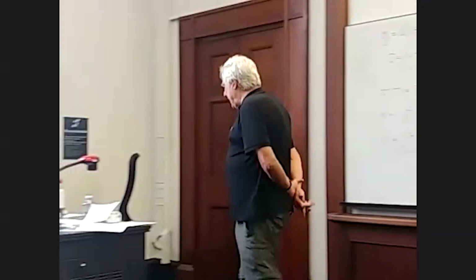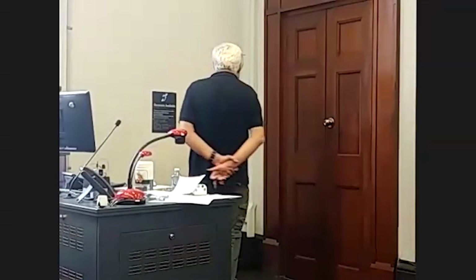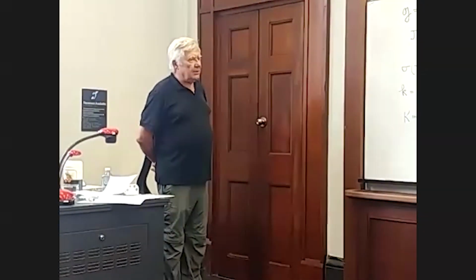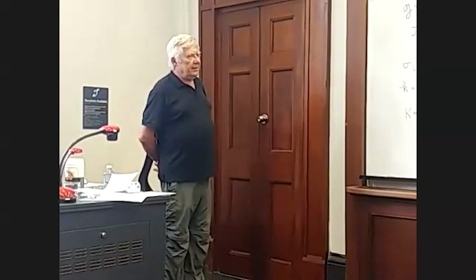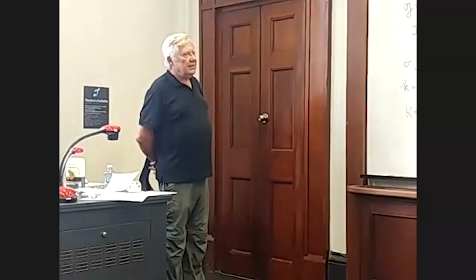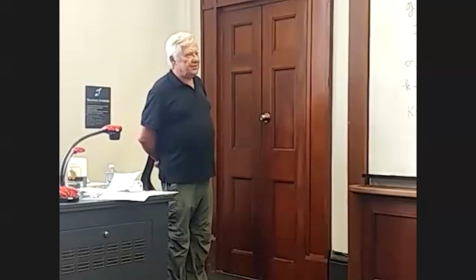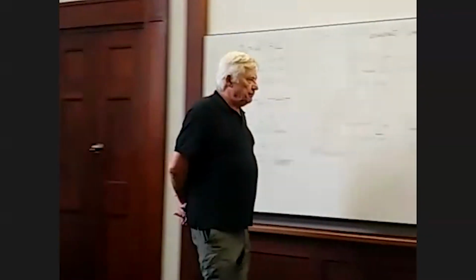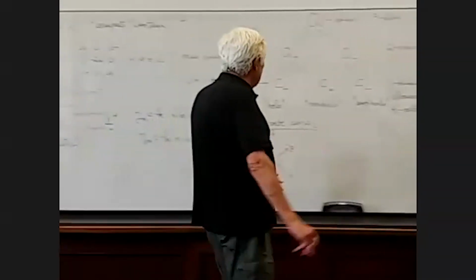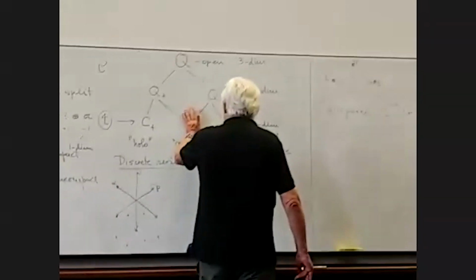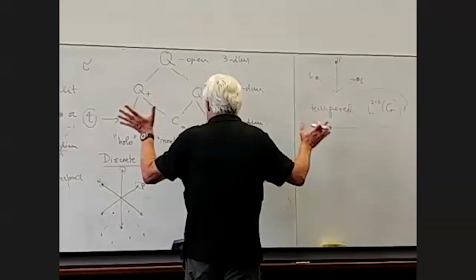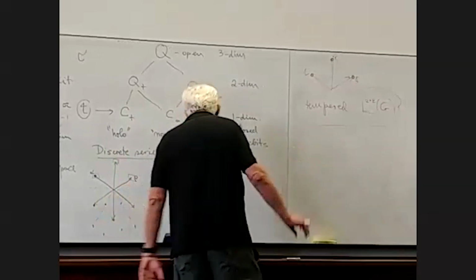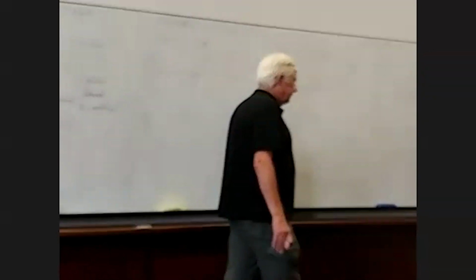If you are in a compact wall, then global sections vanish. If you are in a non-compact wall, they do not vanish, and therefore these representations are limits of discrete series. So in a non-holomorphic case, both simple roots are non-compact, so you get limits of discrete series in both walls.